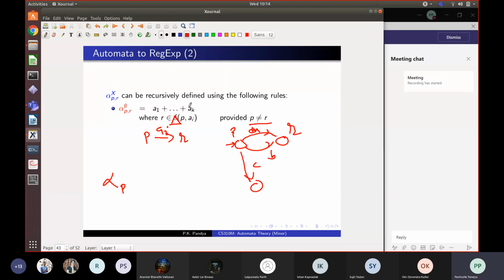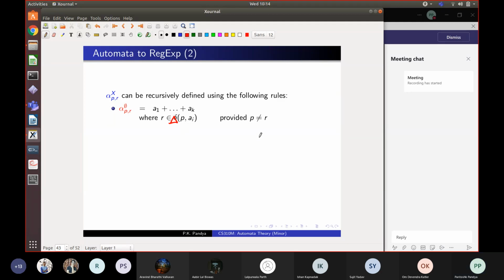So I'm going to rub all this and I'm going to give you one more example. By the way, wherever I have written small delta, it should be capital delta because we are dealing with a non-deterministic automaton. Okay. What happens when P is equal to R? Can anybody guess? What will be alpha of PP without going through any intermediate states?